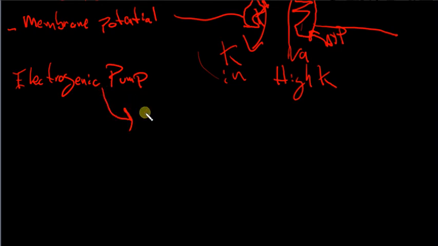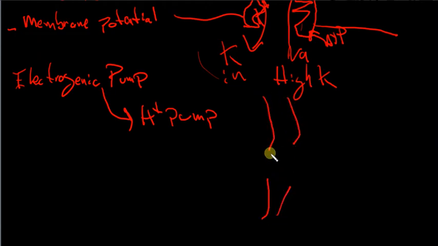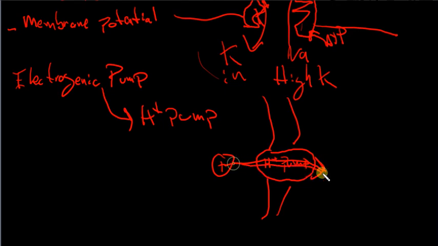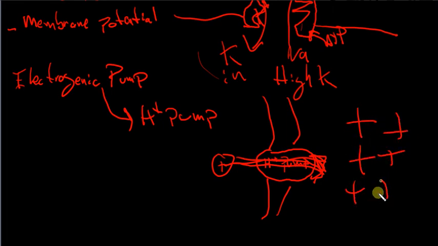Another example is the H+ pump, or the proton pump. And what it does, we've got our membrane again, and we've got our H+ pump, is it takes hydrogen ions and moves them all in one direction against their gradient, so it's establishing a big positive charge on one side.